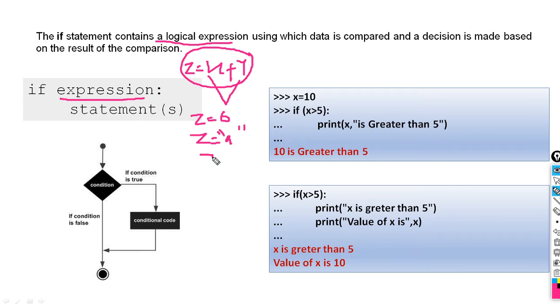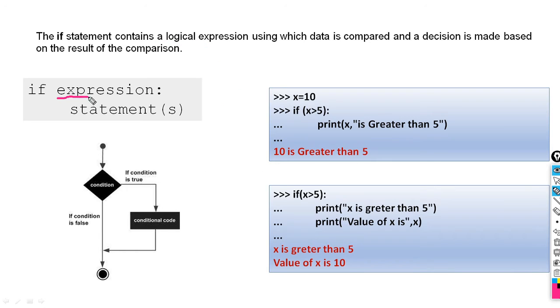Another value is z is equal to x plus 10. These values are present at the right hand side. So x plus y is an expression, 6 is an expression, a is an expression, x plus 10 is an expression. Whatever is present at the right side is called an expression. So here we write if expression, then you should write a colon, and then the statement.